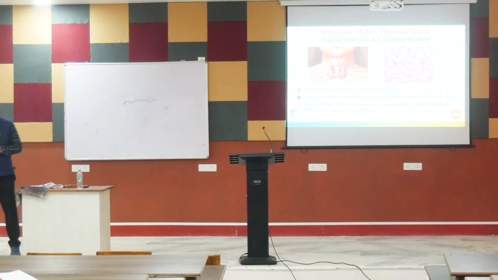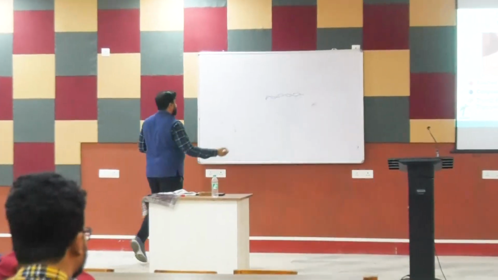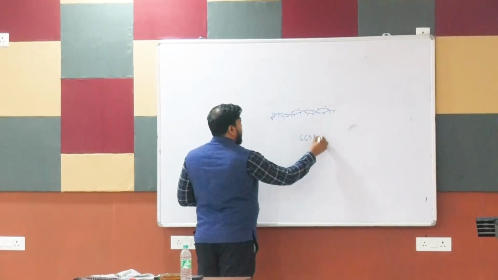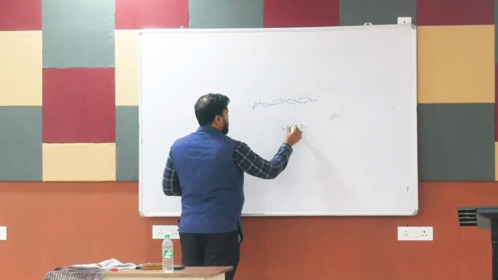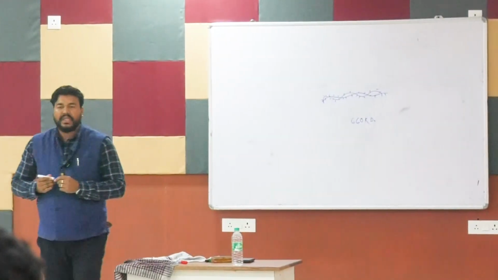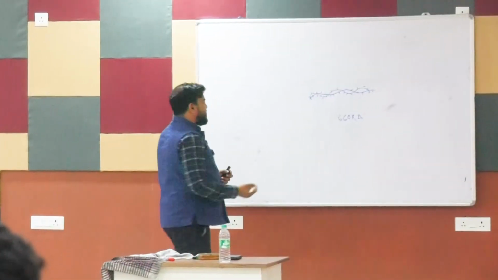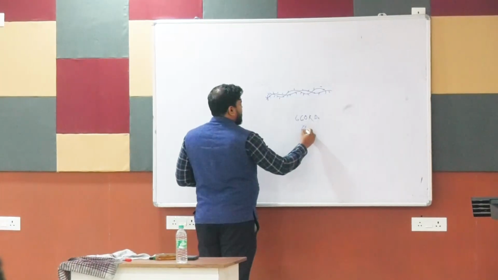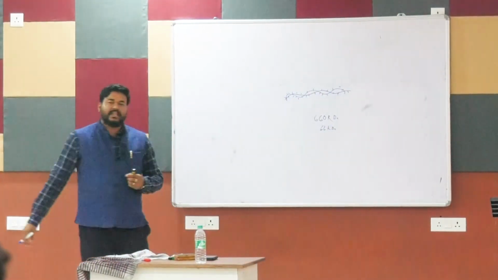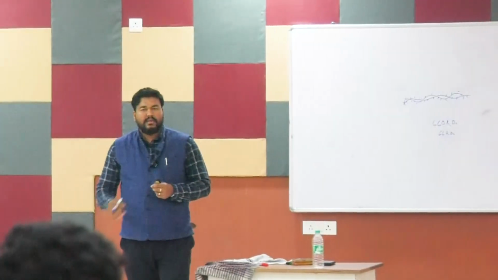What is the molecular weight of thyroglobulin? It's around 660 kilodalton. What is the normal molecular weight of albumin? It's around 60 or 66. So the thyroglobulin molecule is 10 times heavier than the albumin molecule.